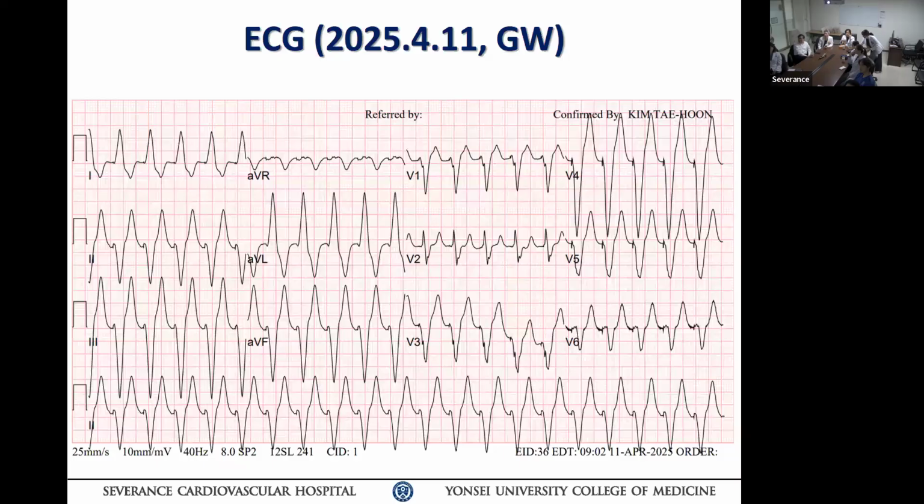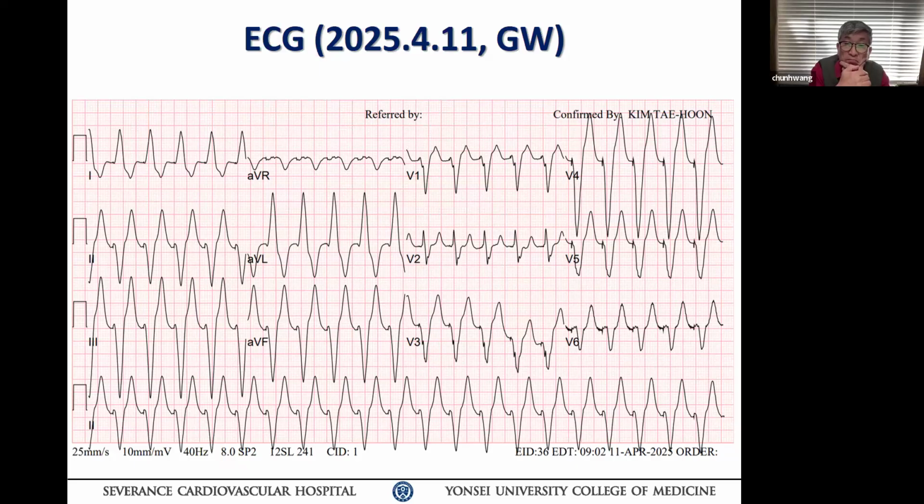So what did you see in the dissociation? Dr. Joe also mentioned the dissociation and retrograde P, where did you see that? We are trying to see the retrograde P that you mentioned.